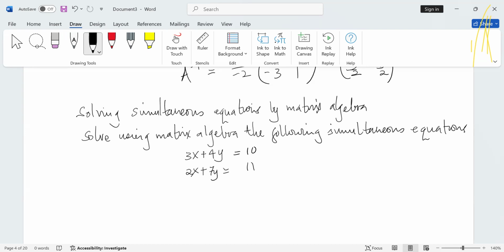So we're going to use row reduction. And what we do here, we'll just do it on the other side.